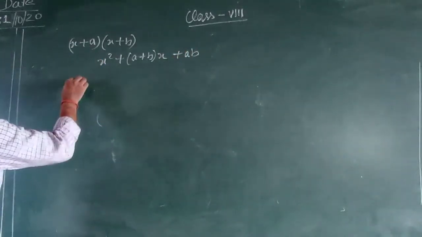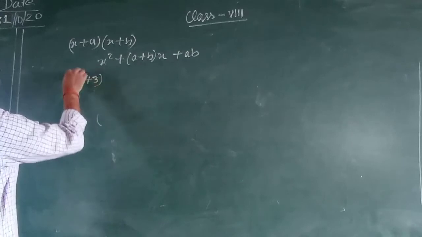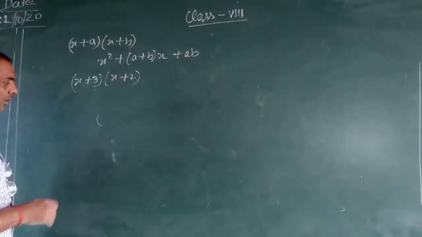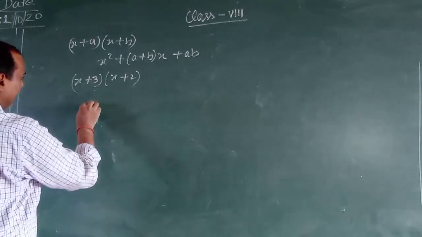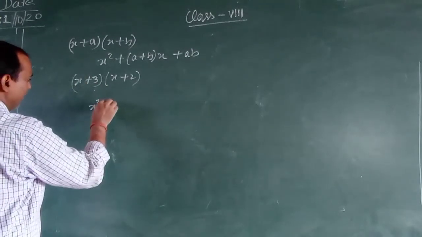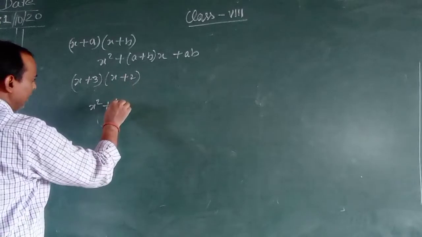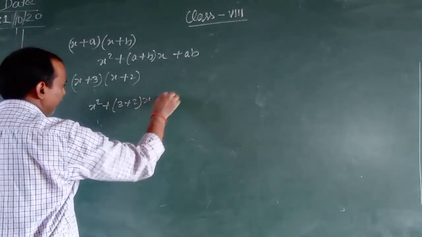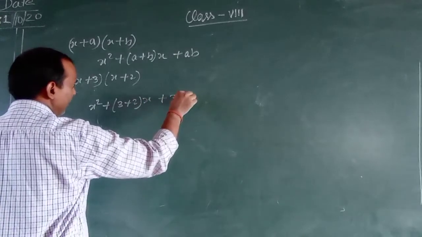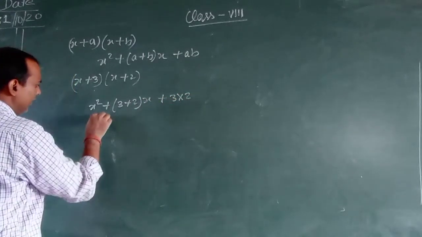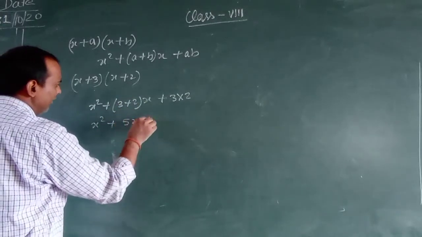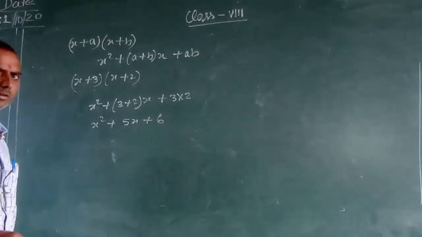Here, for example, x plus 3 into x plus 2. Using this formula, we can write x square plus a plus b, it means 3 plus 2 into x plus a into b. So it is x square plus 5x plus 6.